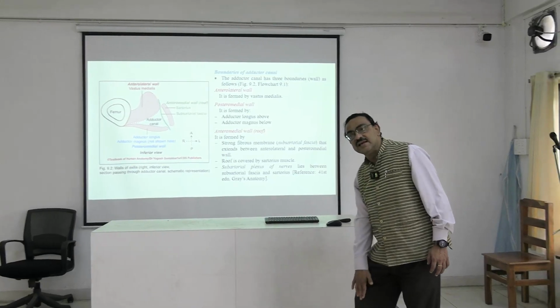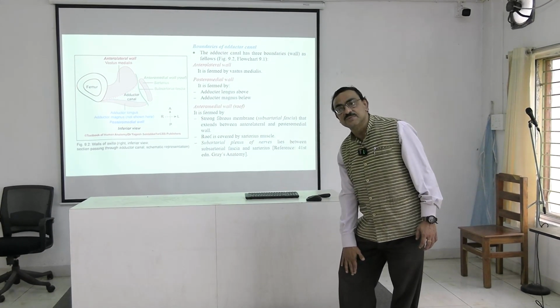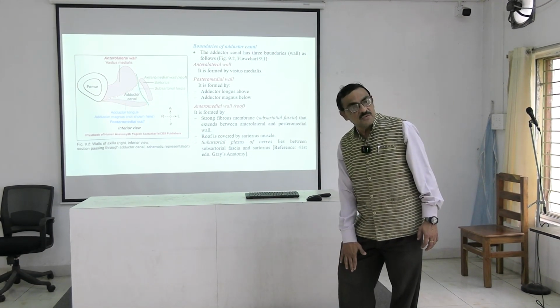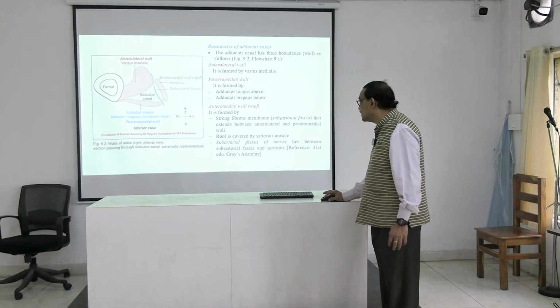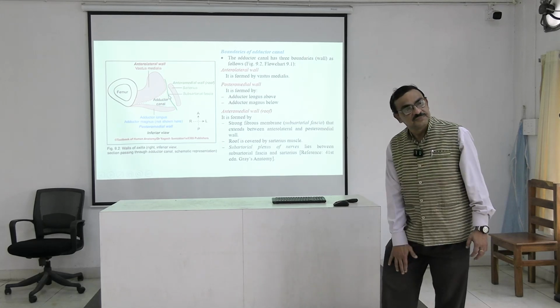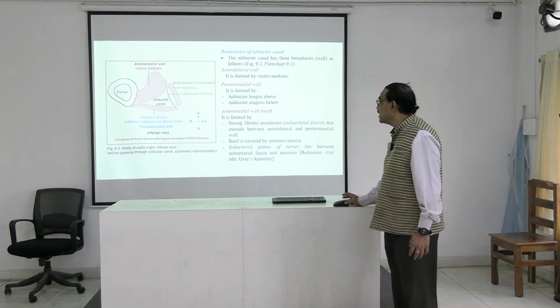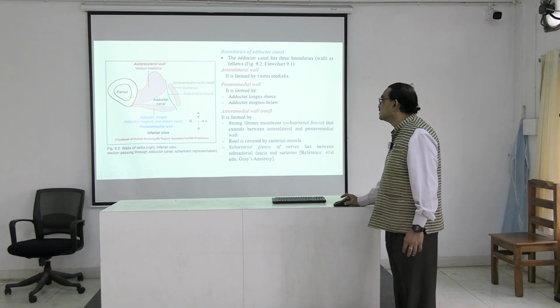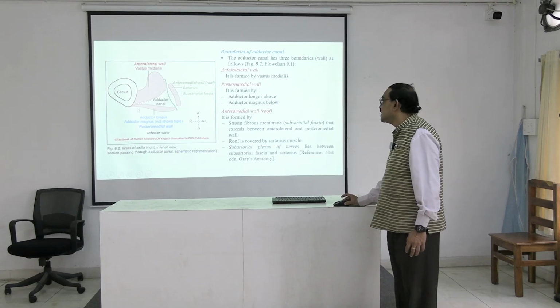From lateral to medial that muscle is traversing, so we will get the sartorius muscle, okay. So this is the sartorius muscle, okay, and this forms the roof, okay. Again I am repeating, this is anterior, this is posterior.